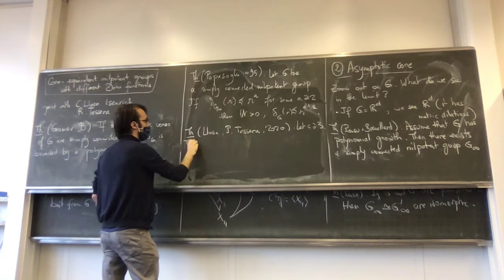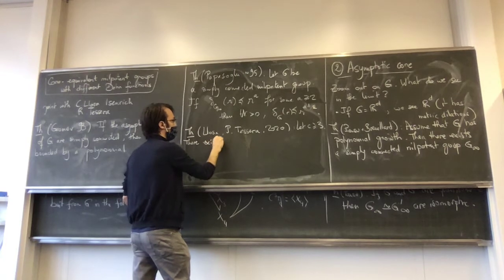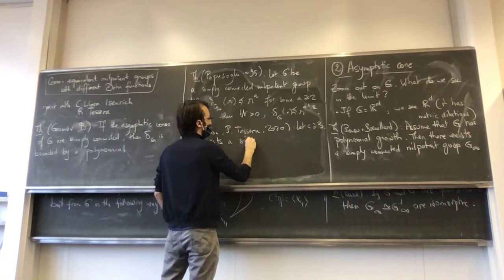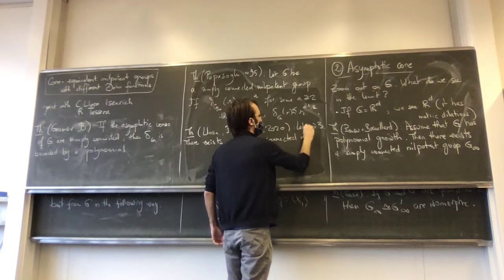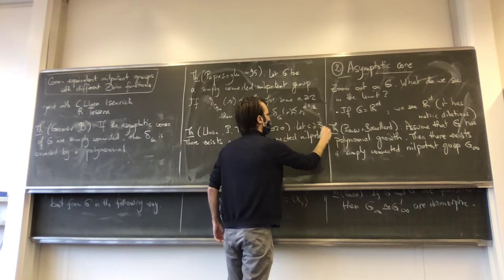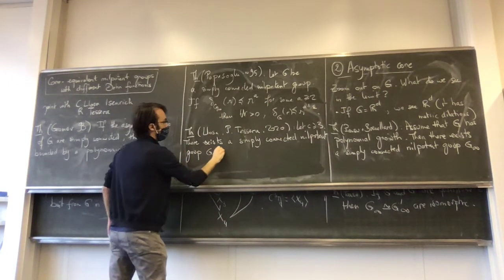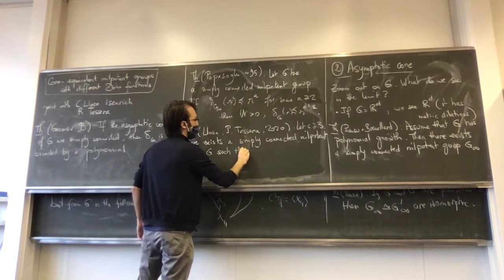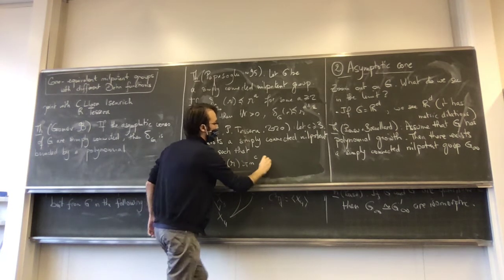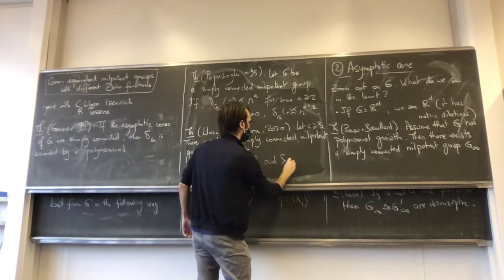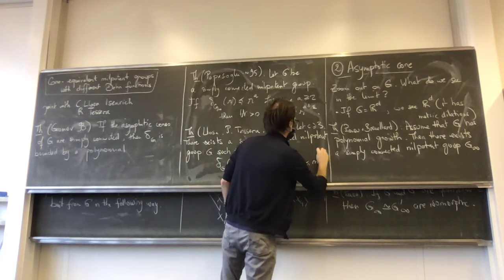There exists a family of examples, in fact, of simply connected nilpotent groups G such that the Dehn function of G is n to the c, and the Dehn function of the asymptotic cone is n to the c plus 1.